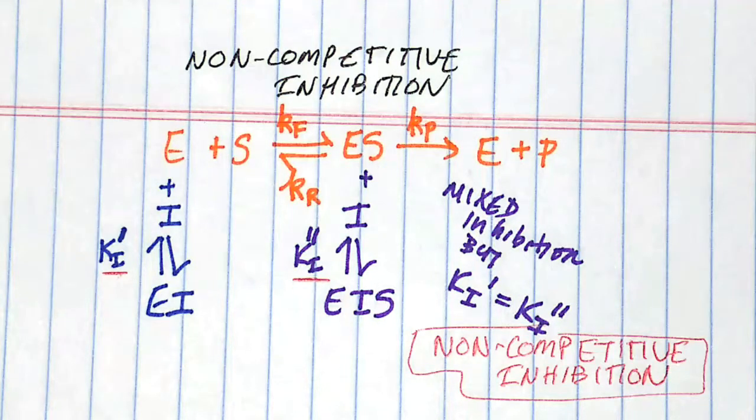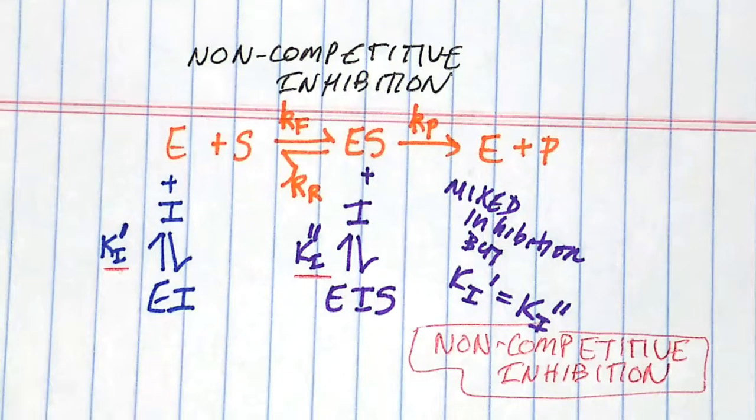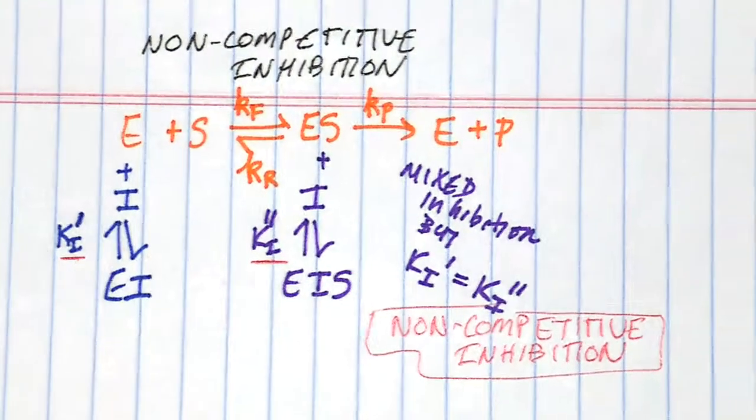So what does this look like in a Lineweaver-Burk plot? In a Lineweaver-Burk plot, it's going to look like this for pure non-competitive inhibition. So again, make sure you have your labels proper.